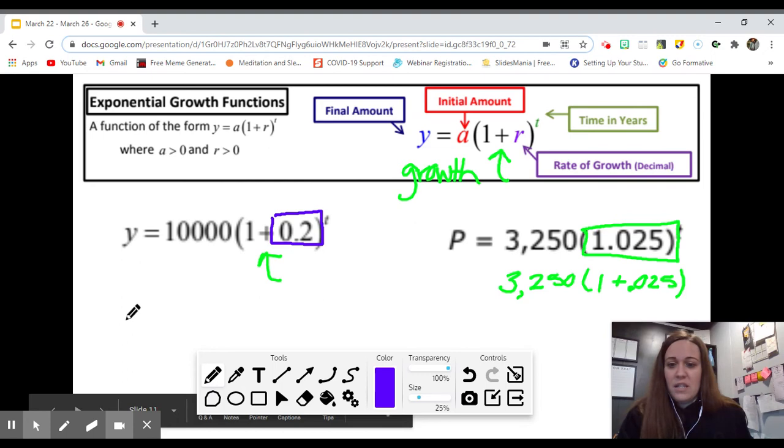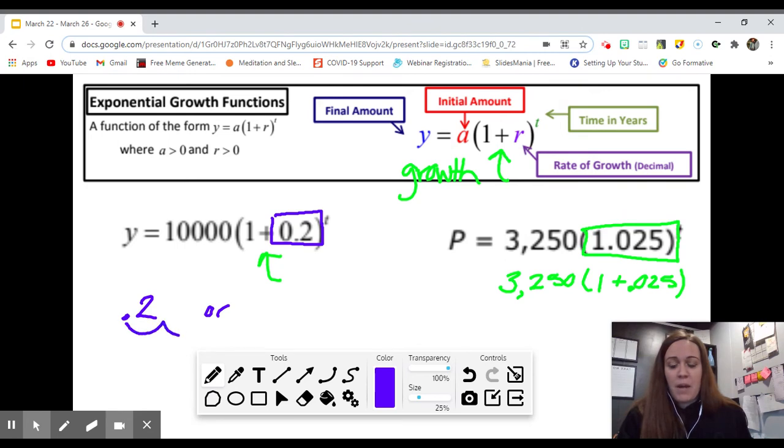So my rate is 0.2, or if it's asking you in percent, you just multiply that by 100 and it would be 20%. For this one, your rate would be 0.025. And again, I had to do a little bit of critical thinking here to figure out what that decimal was going to be. Or when I multiply by 100, my rate would be 2.5%.